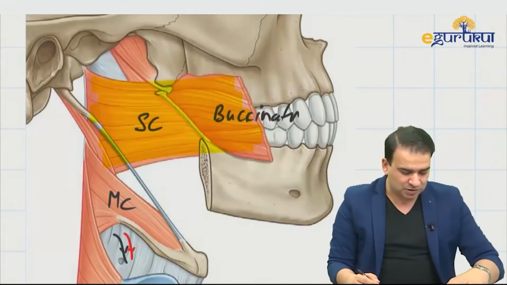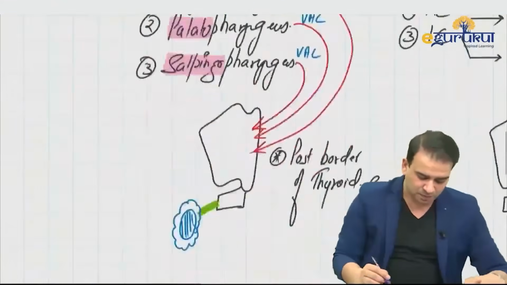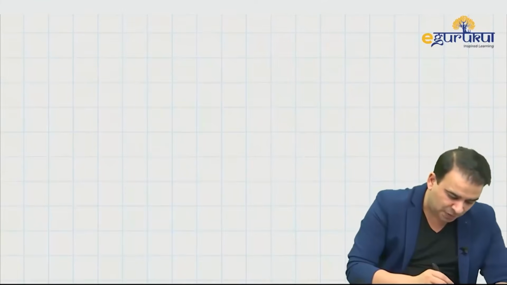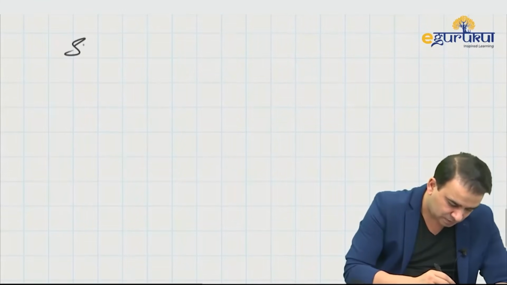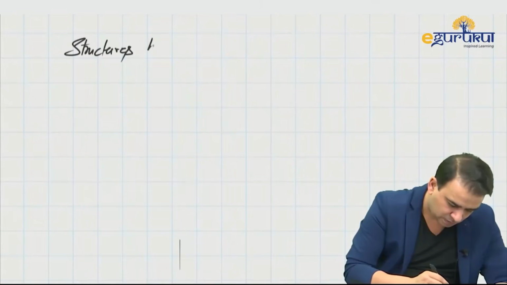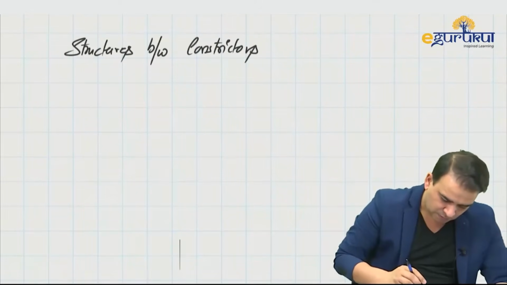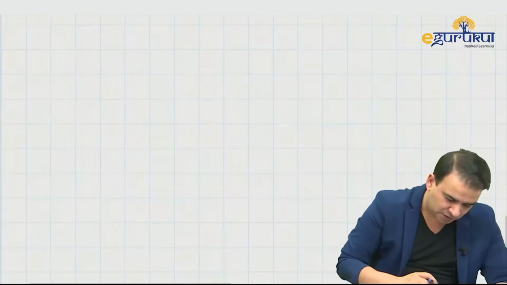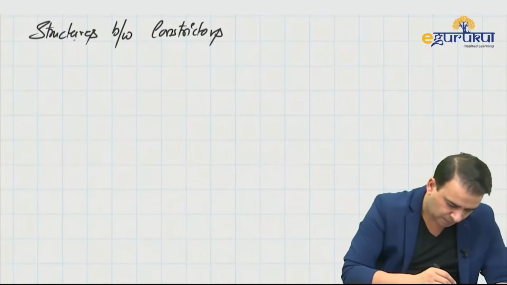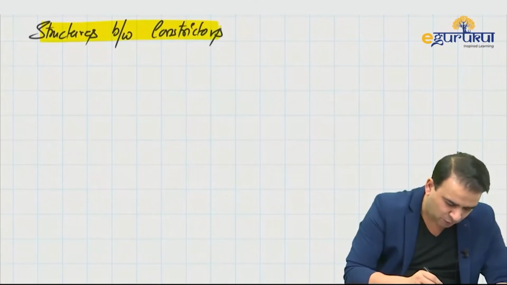So let's put it in a more schematic way. The structures passing between the constrictor muscle. Structures between constrictors. So I'm going with that same coronal section, guys.